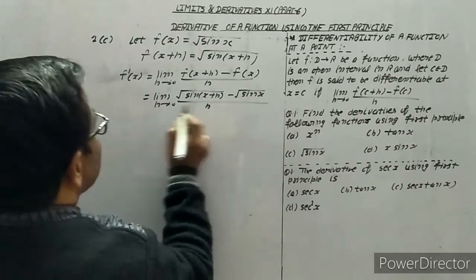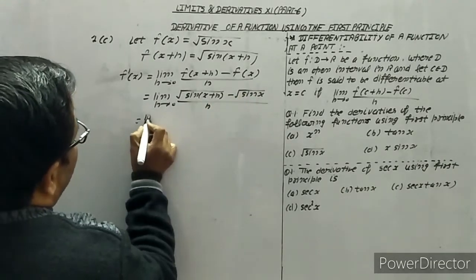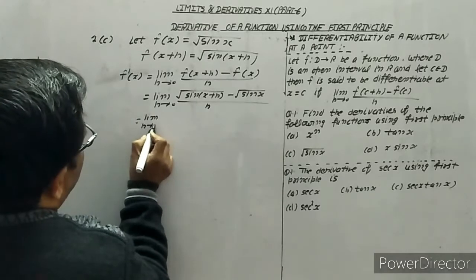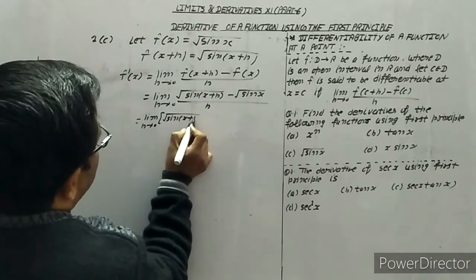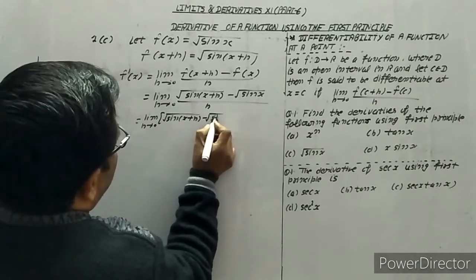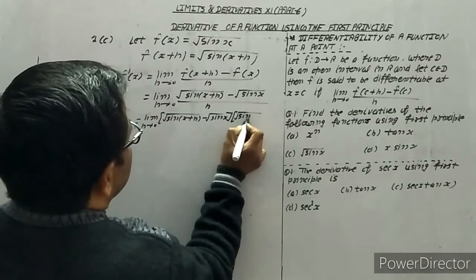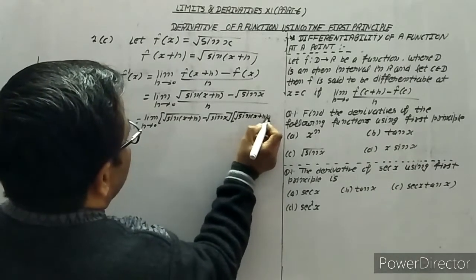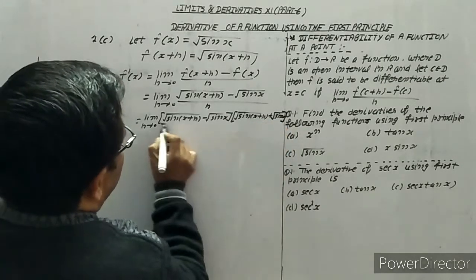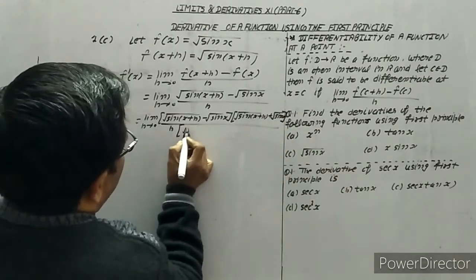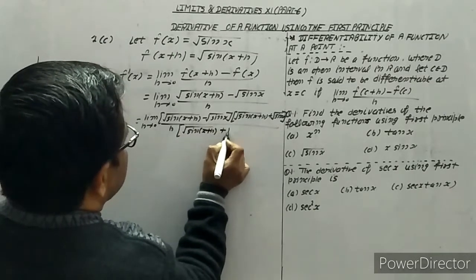How will we put the limits? Because this is the root part, we will do the process of rationalization. We have root sin(x+h) minus root sin x. Now multiply and divide by root sin(x+h) plus root sin x, upon h into root sin(x+h) plus root sin x.